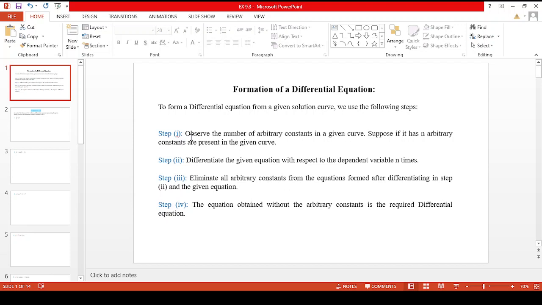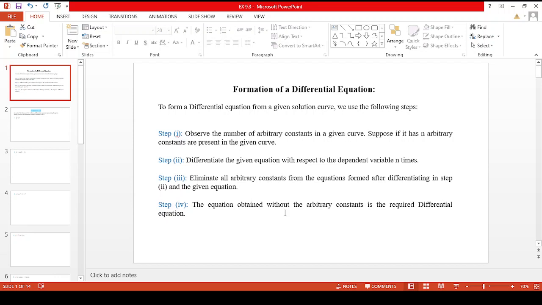By using these two, we eliminate the arbitrary constants. Then you will get an equation in terms of derivatives, constants and variables, and that itself is the required differential equation. That is step 4.